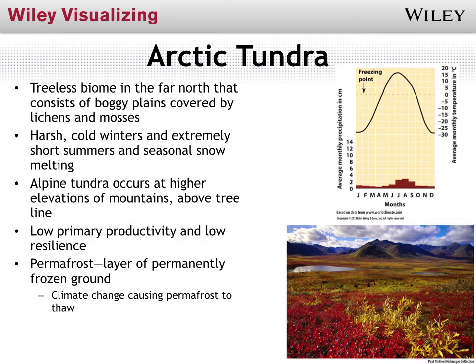Climate change, for example, changing the permafrost, which is basically the ground below the surface of the Earth to maybe 6, 8, 10 feet, depending on where you are, that is permanently frozen. And so climate change causing the permafrost to thaw can dramatically impact that ecosystem.